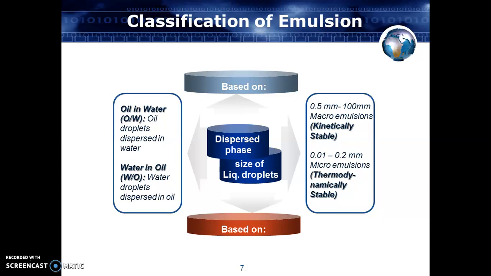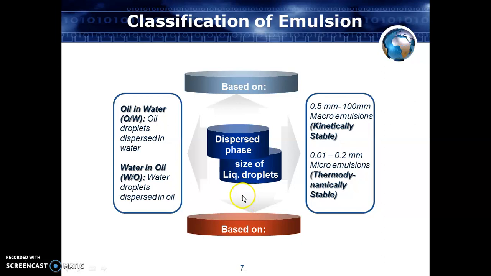Based on the dispersed phase, we can classify emulsion as OW type and WO type of emulsion. In an OW type of emulsion, oil droplets are dispersed in water, and in a water in oil emulsion, the WO type, water droplets are dispersed in oil.